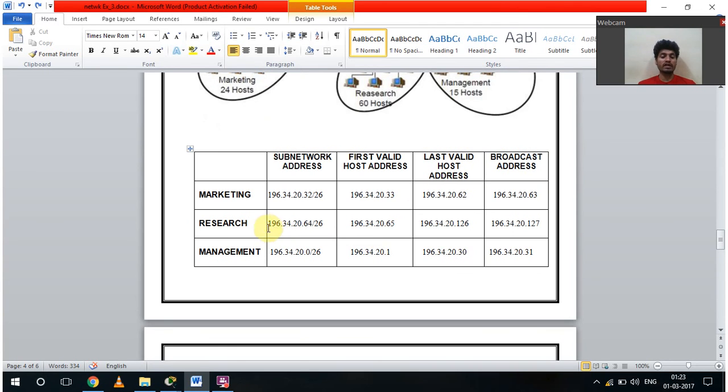The next network starts at 192.34.20.64 with the customized subnet mask, and the first valid host address will be 192.34.20.65. The broadcast address will be 192.34.20.127, so subtracting 1 gives the last usable host address, 192.34.20.126.